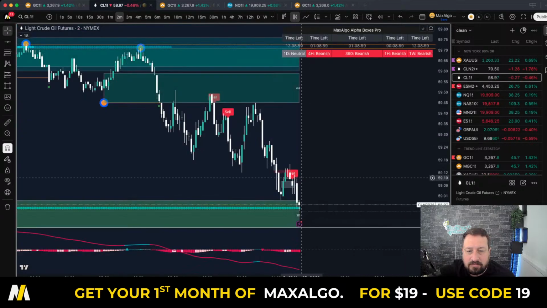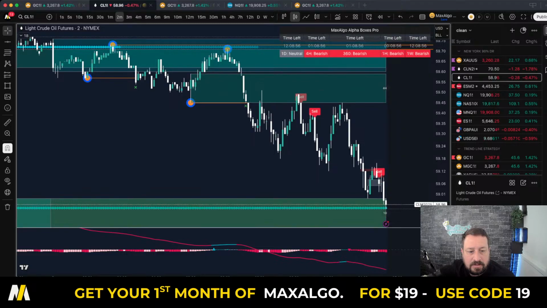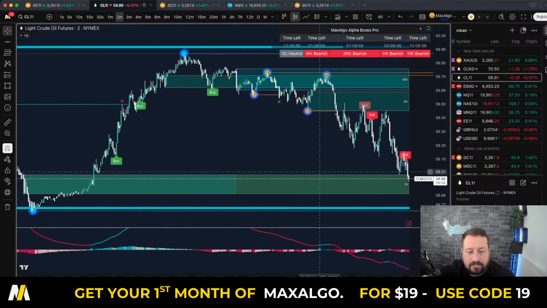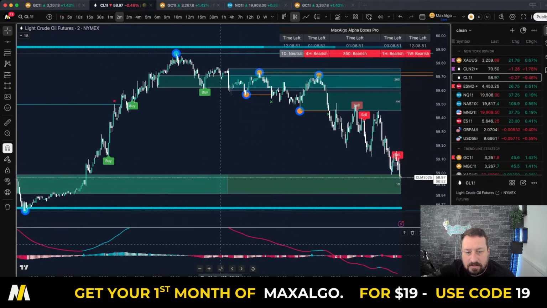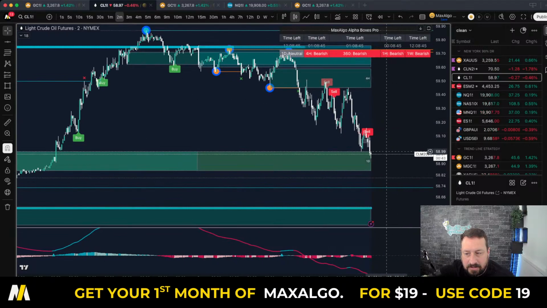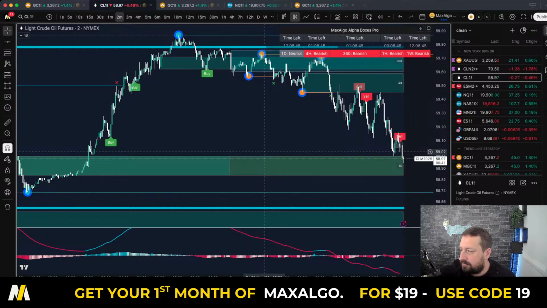Yeah, CL's beautiful move this morning. You can see, nice and clean, under the 0 line. Retap of the 4 hour, sell signal to the daily. It's very nice.